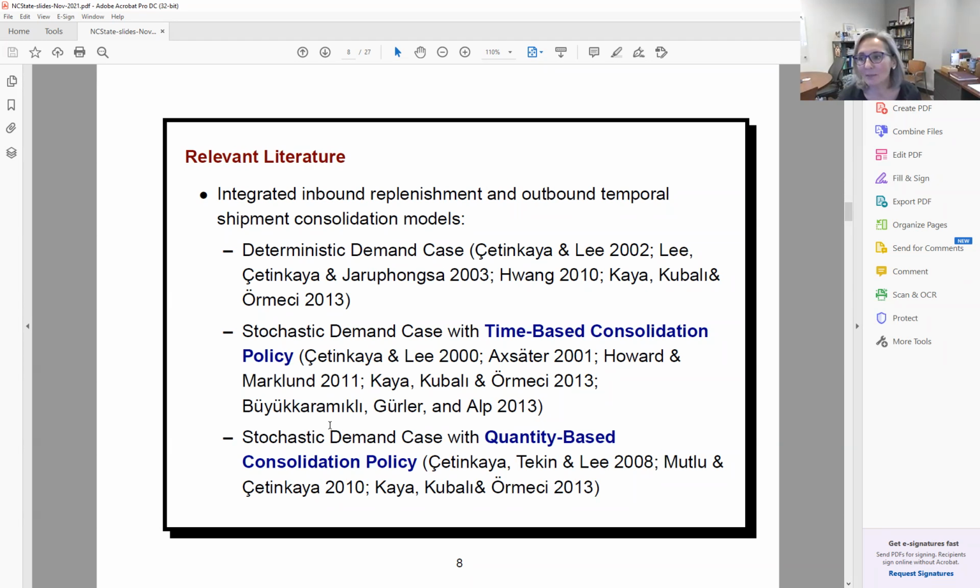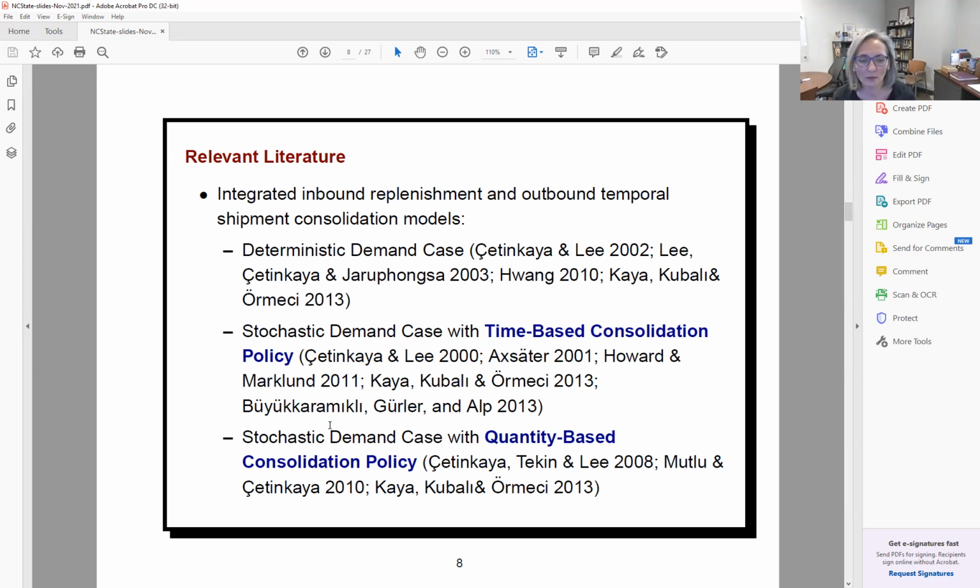The stochastic demand case models, here I classify them into two categories: stochastic demand models with time-based consolidation, and stochastic demand models with quantity-based consolidation. But neither class of these consolidation policies, time-based, quantity-based, and also hybrid, is necessarily optimal.